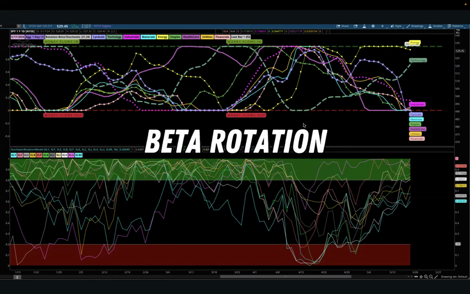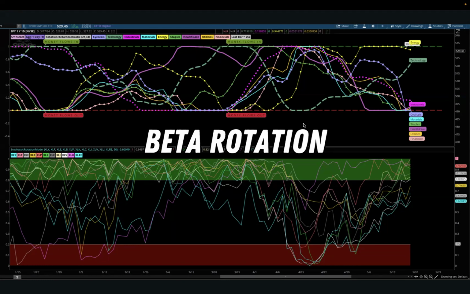What that means is that these stocks move much higher than the average stock or the average S&P 500 does in a day. A big day for the S&P 500 is a 1% gain, right? If you see a 1% move in the SPY, that's a very large move. Now, for something like Tesla, a 1% move is not very dramatic. For something like Nvidia, that's not very dramatic. These are stocks that can easily go 3 to 5% on a single day, potentially, if not more, right? So these are high beta names.